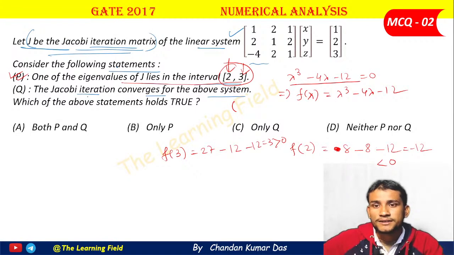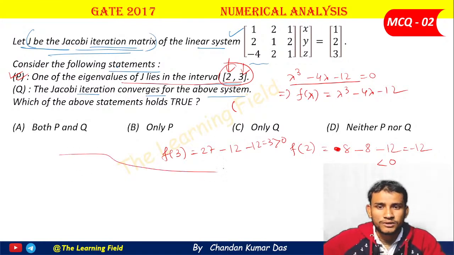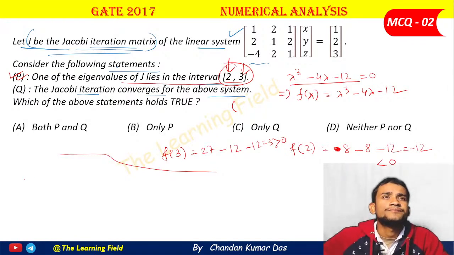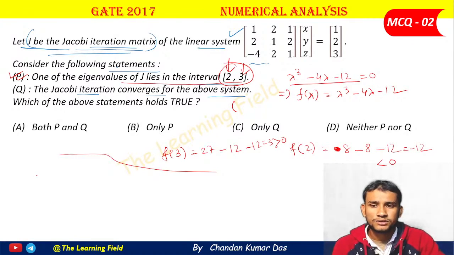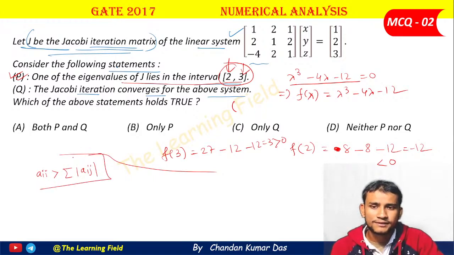Now, does the Jacobi iteration method converge for the above system? I think this question already came in one year. Now if we solve, there is a theorem, the theorem is this one: a_ii is greater than the summation of mod a_ij. If this element a_ii is the diagonal element... I forgot the name of the theorem, okay.